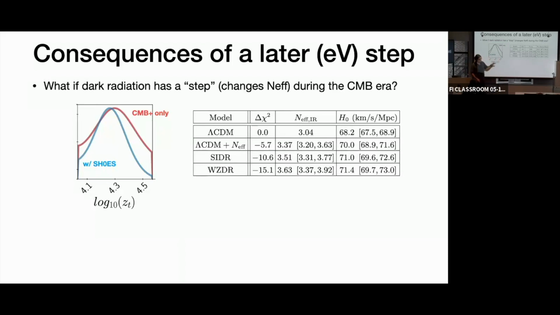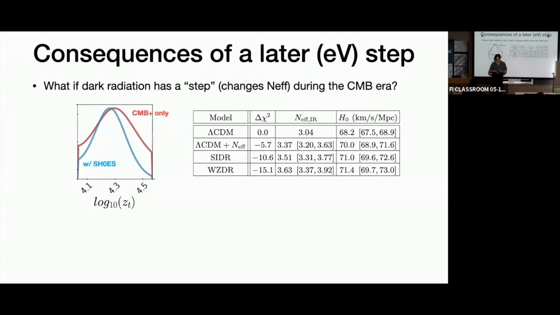So you can go step by step about how the model fits the data better. You can start with lambda CDM, and then you can add N effective, and you improve the fit a little bit, by a chi-squared of about 6. You can then allow that radiation to have self-interactions, so it scatters off itself. That improves it further by about 5.